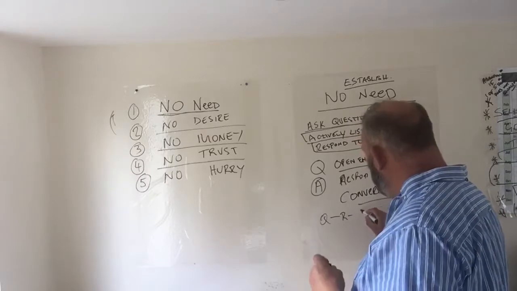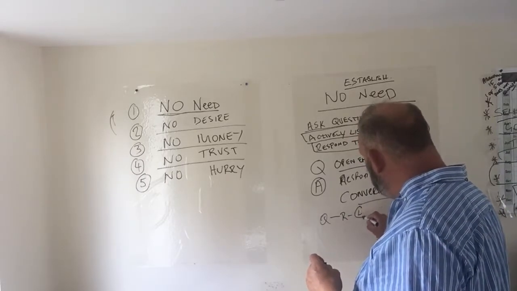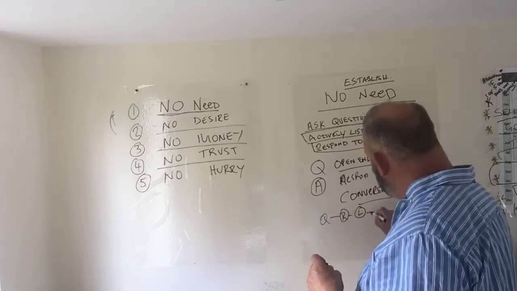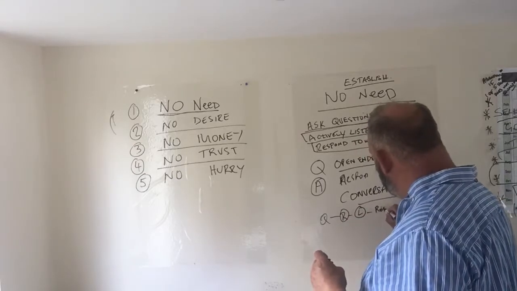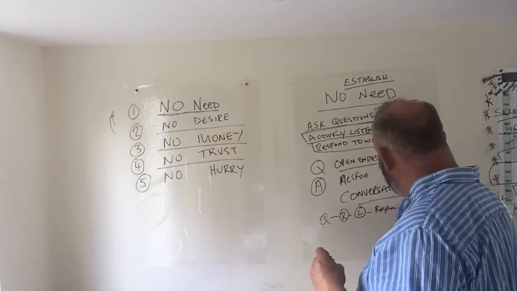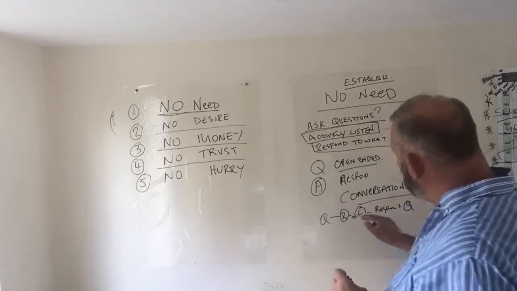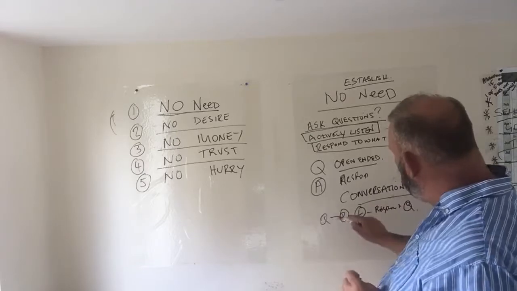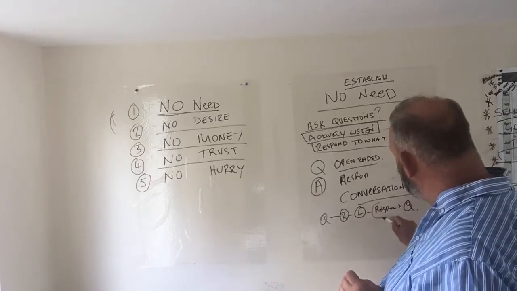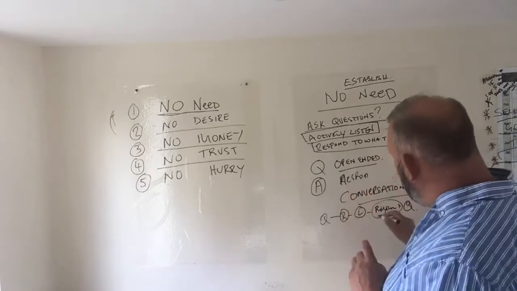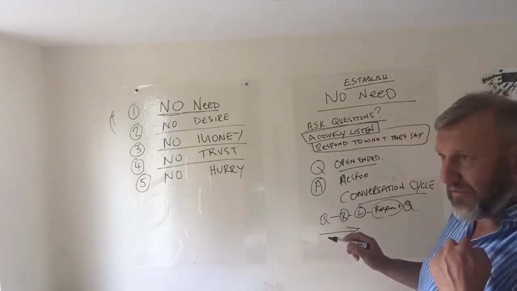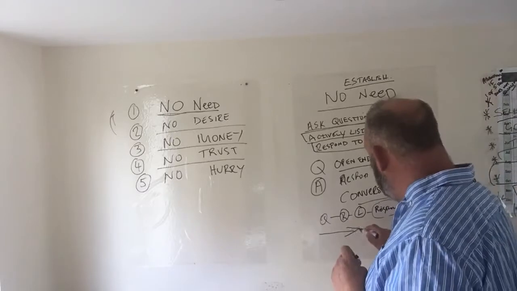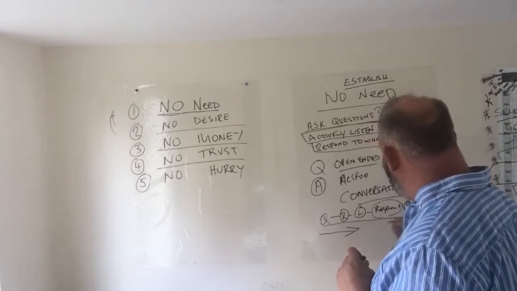We then listen to the response, and we literally respond to that by asking another question. But that question must be directly related to that response. So we're taking the customer on a journey where we want them to go, but we're in total control.